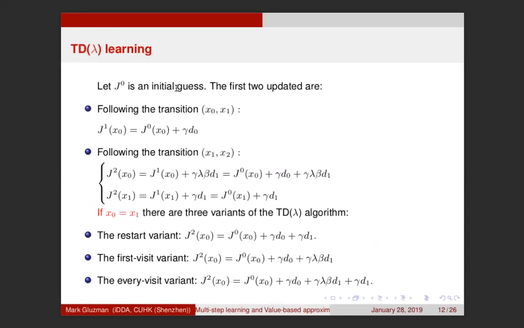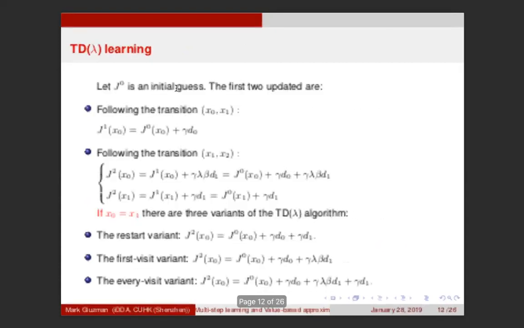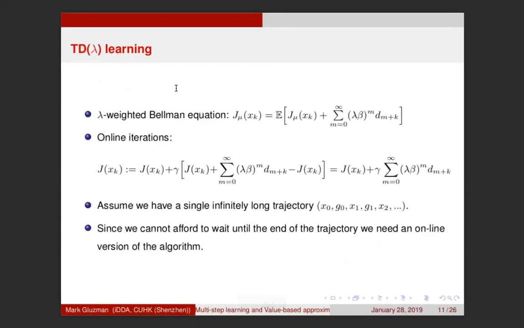So let me repeat. In the second time step, we can update. If we have started from x0 and made 2 time steps, we have two iterations, so we can now calculate our infinite sum from m equal to 0 to m equal to 1.